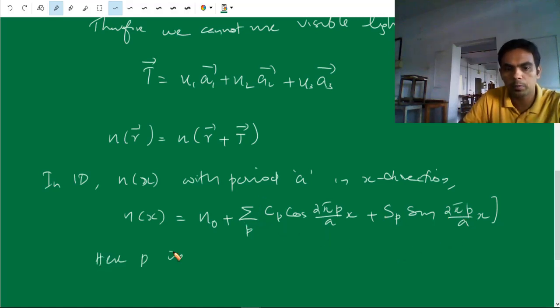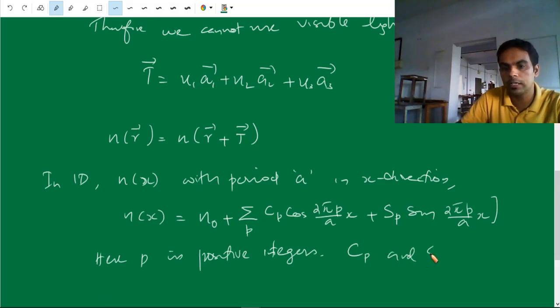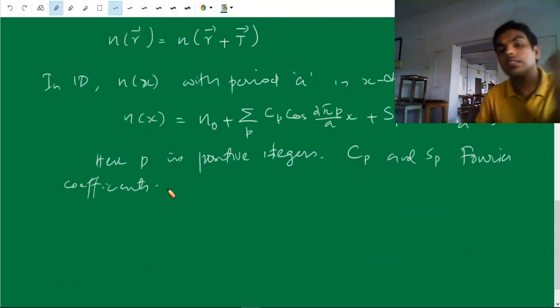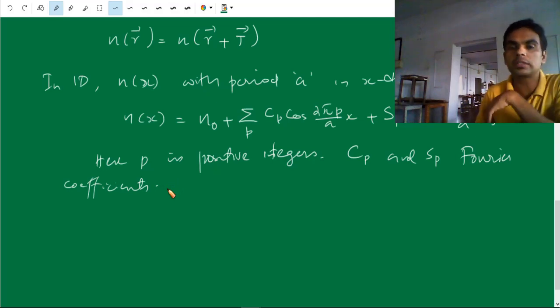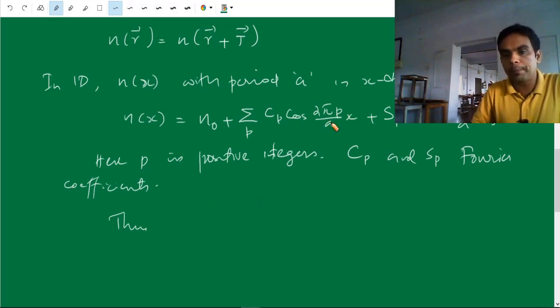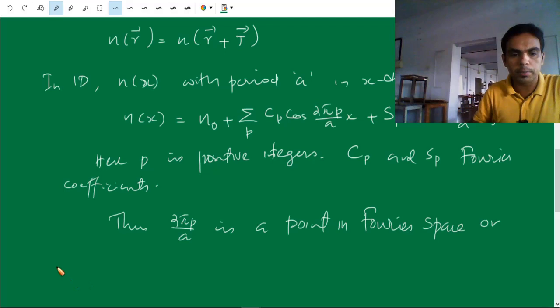Here p are positive integers, and Cp and Sp are Fourier coefficients. We can write it like this because n of r is a periodic function, and all periodic functions can be written in the form of a Fourier series. Thus we can say that 2 pi p by a are points in Fourier space, or in the reciprocal lattice.